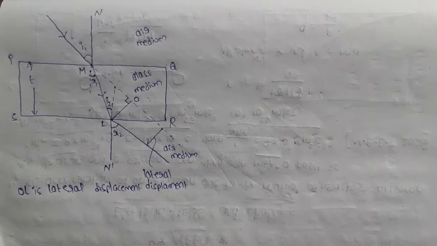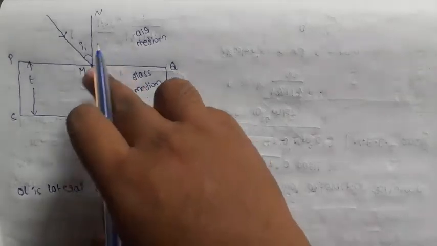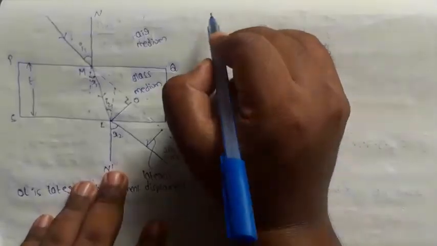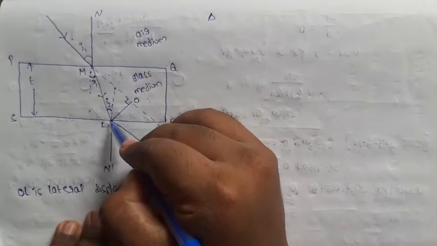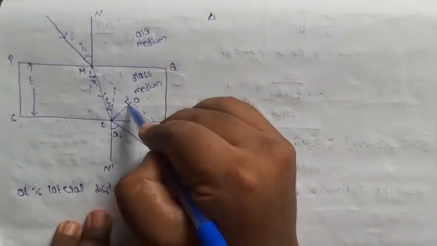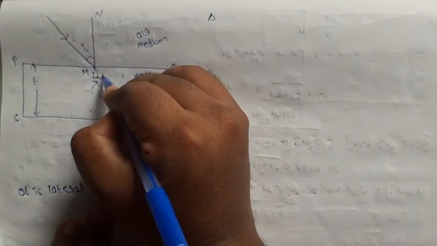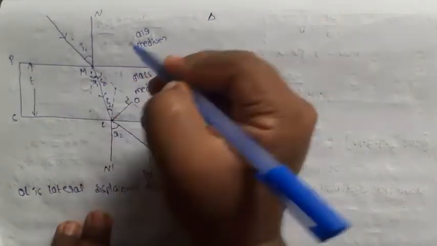For this I am taking a triangle in the diagram. Observe the diagram carefully. This is the one triangle. Here the angle is delta.